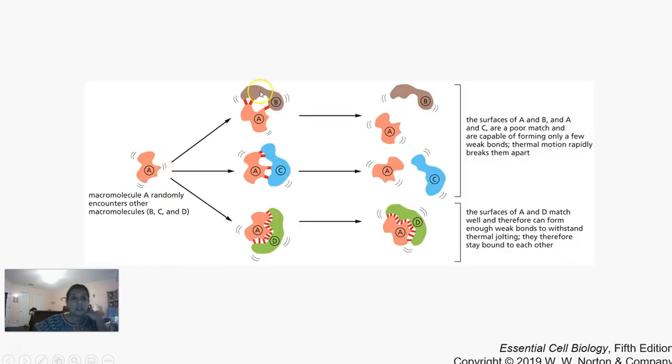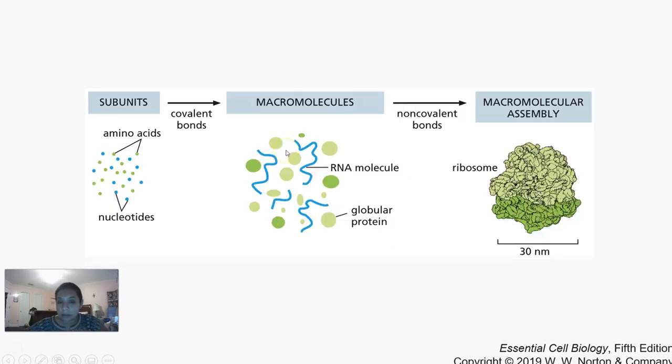These macromolecules can interact with different other molecules, and depending upon how strongly they can interact with them, because of these non-covalent forces, they can form stronger bindings with certain molecules compared to others.